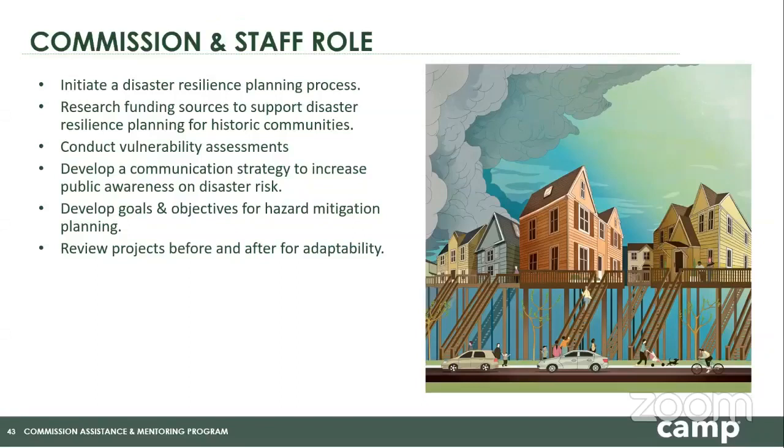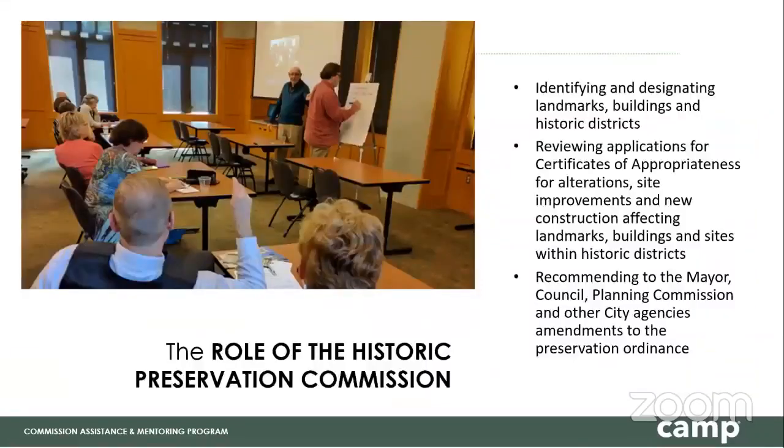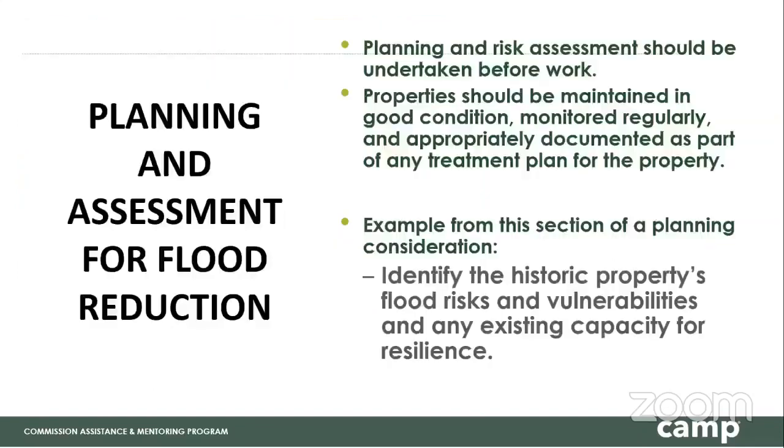So that's where it's important that it's not just the head of agencies, but that your staff person and your commission knows their role. But again, identifying landmarks, reviewing the COA, certificate of appropriateness projects, whether that's again in front of a full board or just an expedited review process, and the recommending bodies that they are.